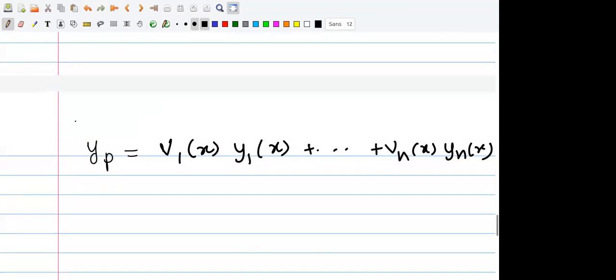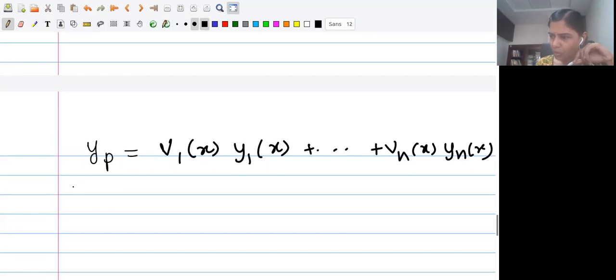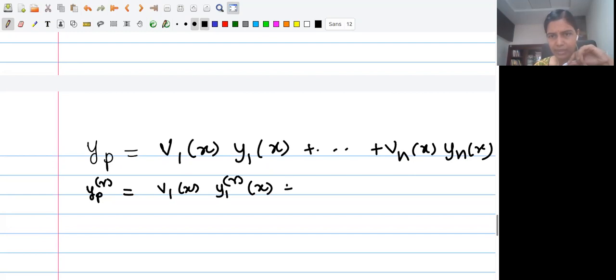Imposing these conditions allows us to differentiate this candidate solution in the following format. I can write down the rth derivative of the candidate solution as v1 times the rth derivative of y1, plus up to vn times the rth derivative of yn, and this is true for each r.